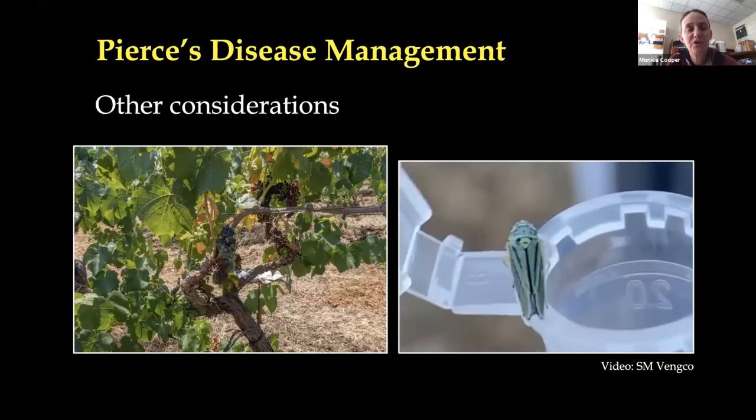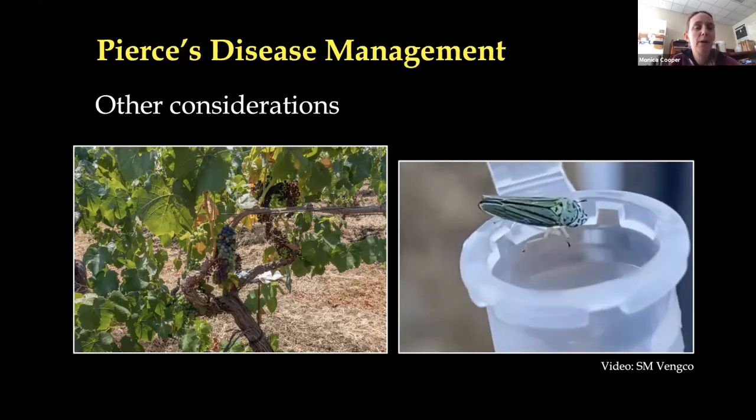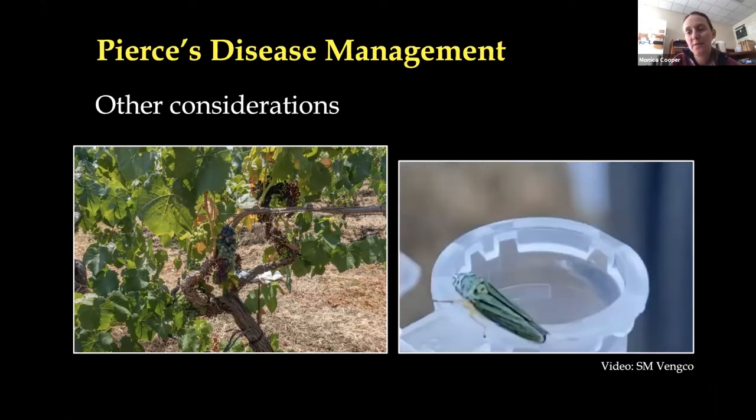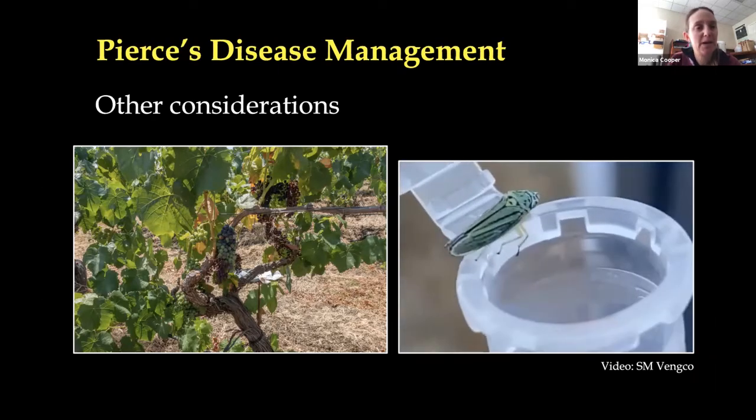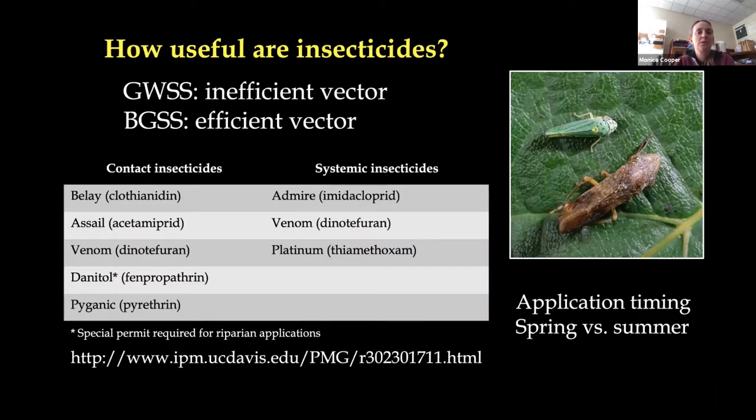Okay, so those are the two most important strategies, but I want to talk about a few other things that come up as questions with regard to management. So insecticides. Of course, we know that we have a vector, so one of our knee-jerk reactions is, well, if we had fewer insects, maybe we wouldn't have as much disease.